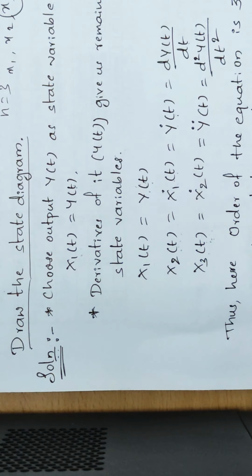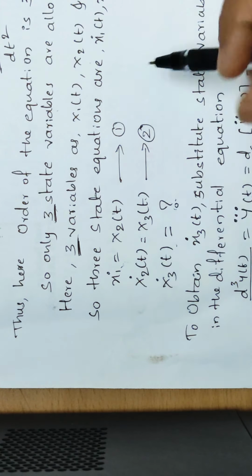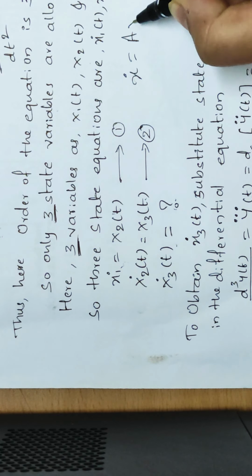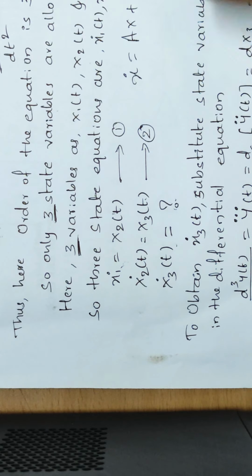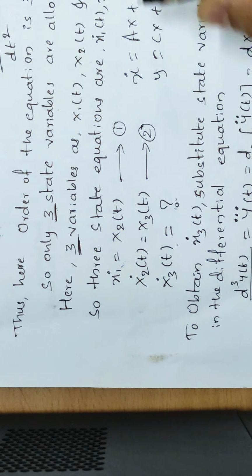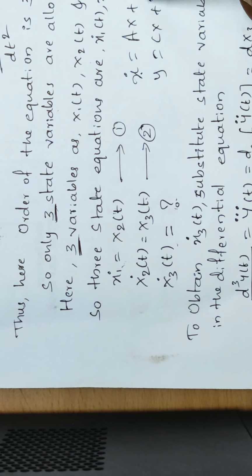A very important thing you have to remember here is whatever state equation we are writing, you know that the state equation is nothing but x dot is equal to ax plus bu. This is our state model, right? And y is equal to cx plus du. Where state equation x dot is equal to ax plus bu.